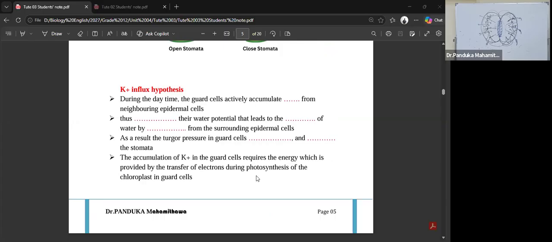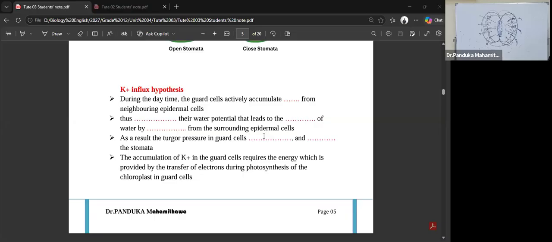During the daytime, the guard cells actively accumulate potassium ions, K plus, from neighboring epidermal cells, thus lowering their water potential. When ions or any solute is absorbed into a cell, the water potential goes down.